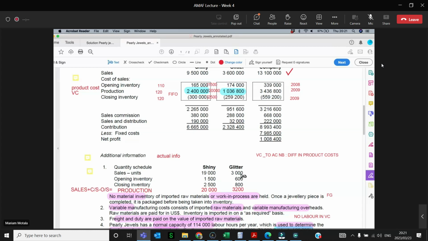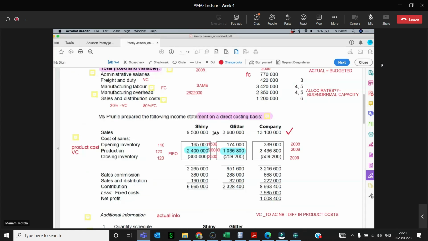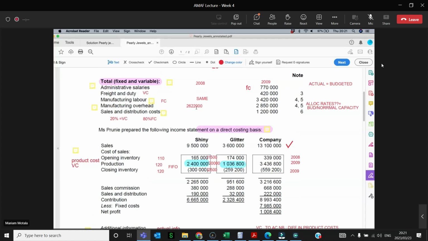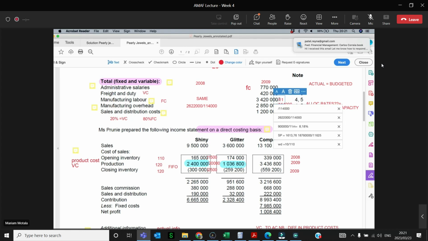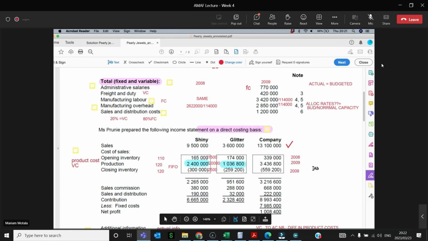But to arrive at the total cost required for absorption costing, we will then need to make sure that we apply our allocation rates. And this is where the allocation rates come into being, where we have to take this value and divide by our normal capacity to come up with allocation rates. Only if we come up with the appropriate allocation rate can we then apply it to production.